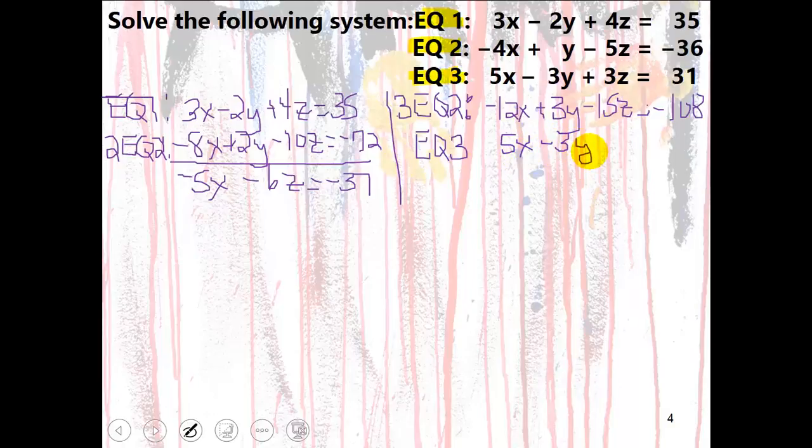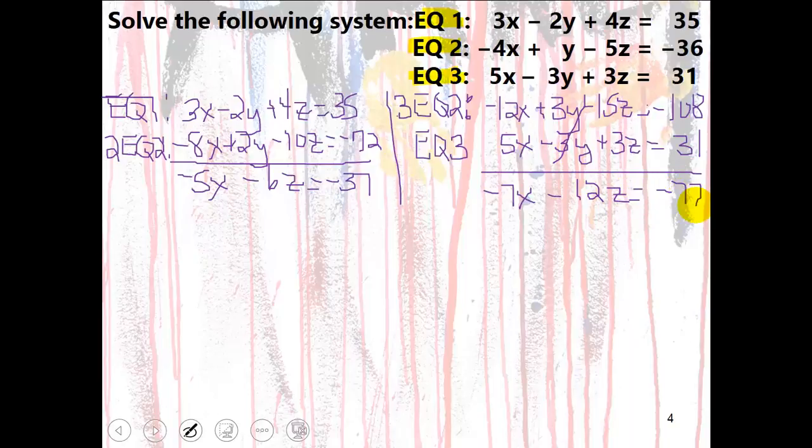Notice that now my y's will cancel. Plus 3z equals 31. And I'm going to add those two together. So I get negative 7x, these cancel, minus 12z is equal to negative 77.